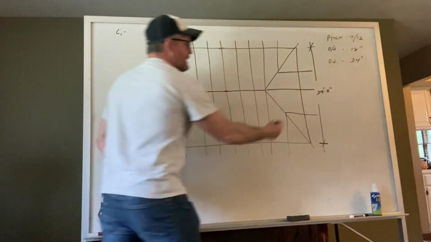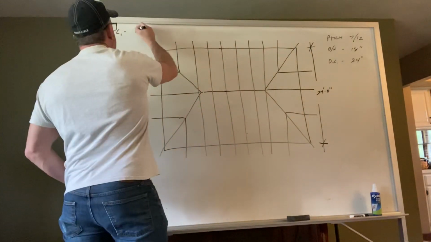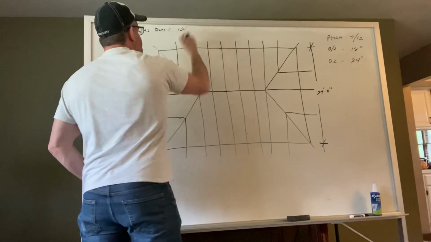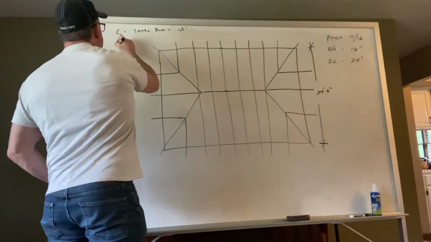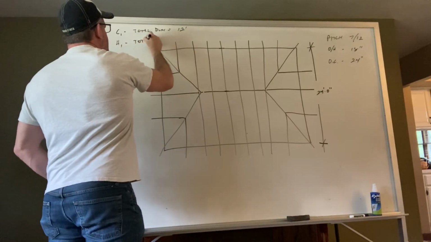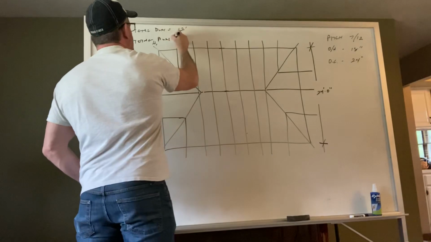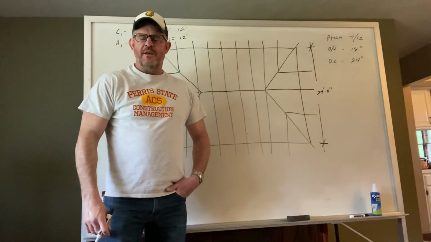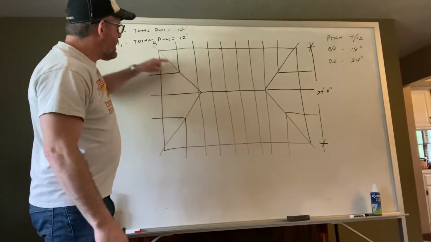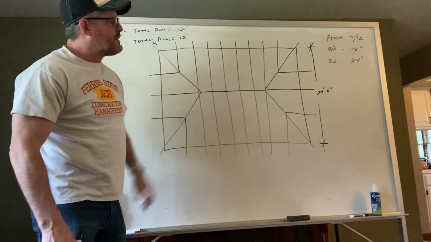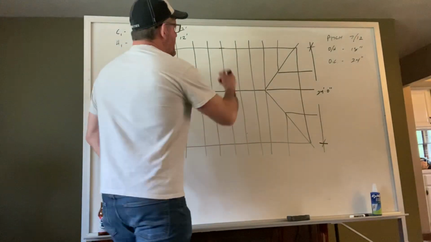So my total run is going to equal 12 feet. Well, I told you that for my hip number 1, the same thing. My total run is going to be 12 feet. And you ask, well, how can that be? Because like I said, my hip is obviously significantly longer than my common, and you would be correct if you said that.